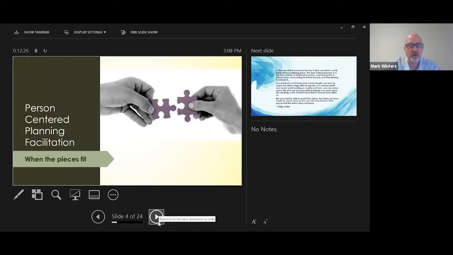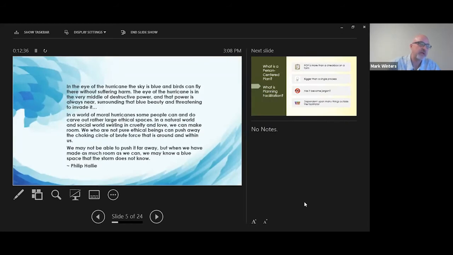And I want to start with a short reflection that should give us a place for us to sort of hold this space today. So as I read this, just think about how it may correlate or connect with your work and your support for the folks that we care about.